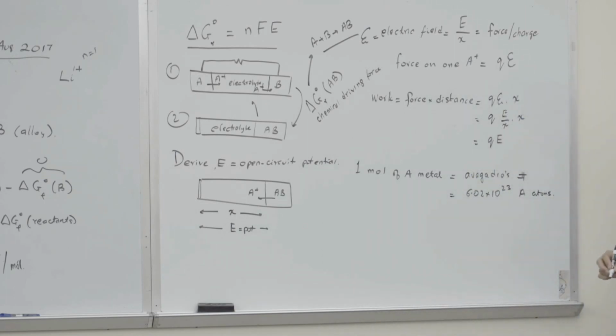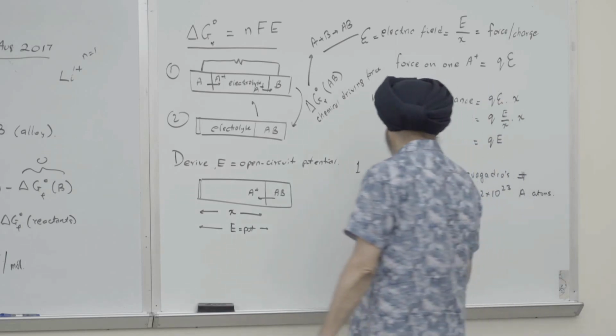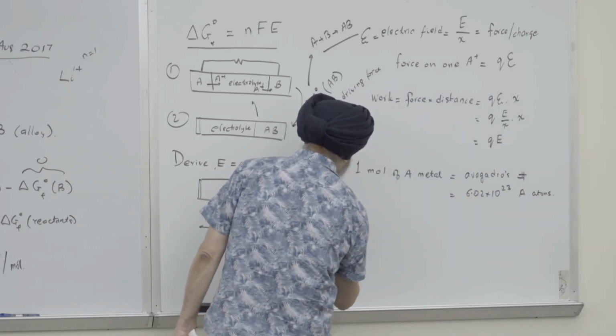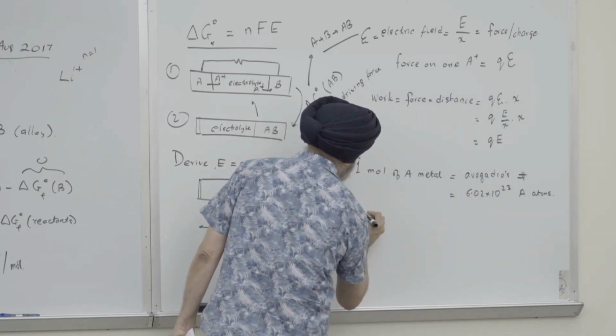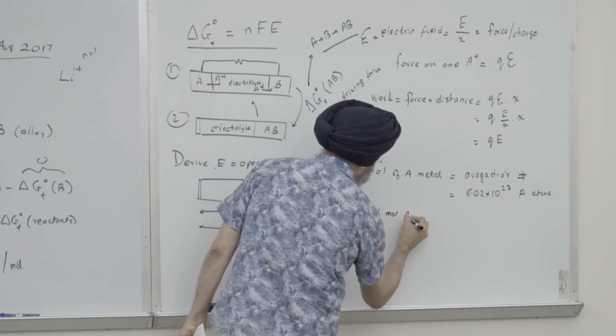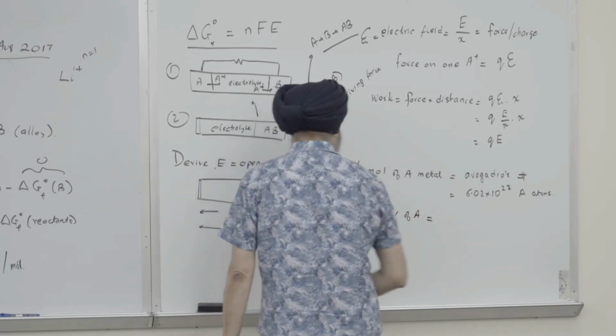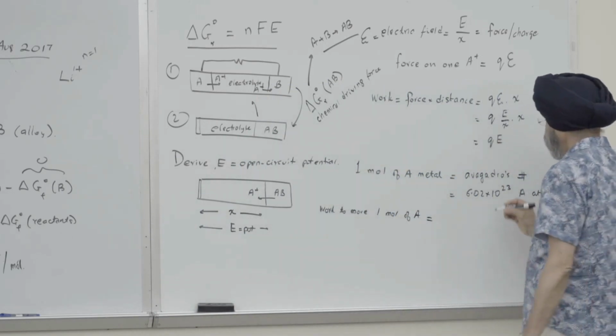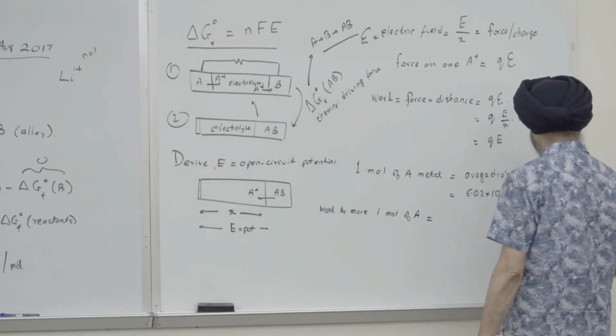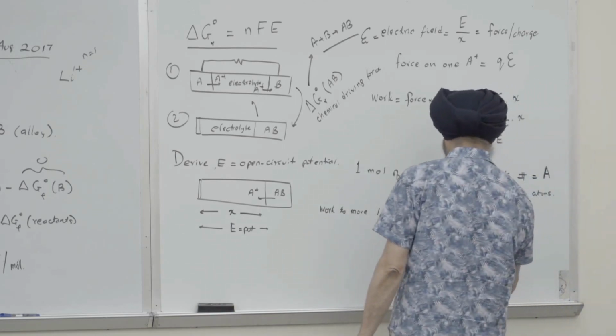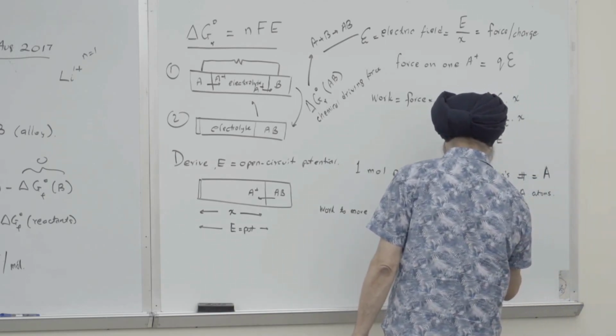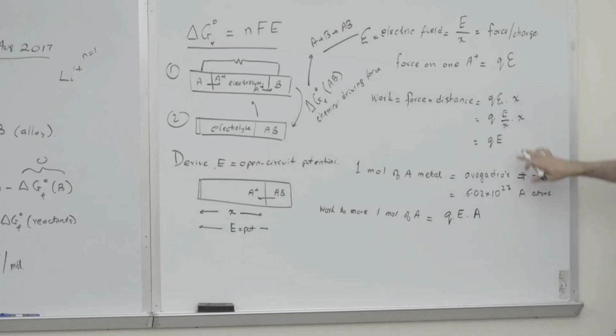So the work to move 1 mole of A back to where it came from, letting A stand for Avogadro's number, would be Q times E times A. This was for 1 ion; for that many ions, I just multiply by A, that is 6.02 times 10 to the 23.